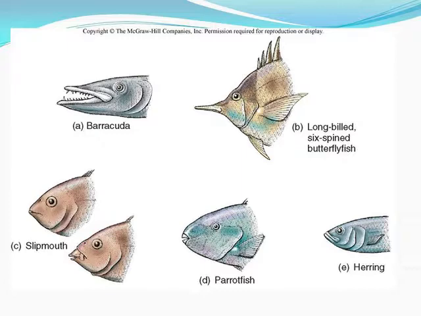Next, we have our slipmouth type of fish, and you can see here that the mouth can extend out a little bit, and that can accommodate eating small fish and maybe some crustaceans and whatnot.